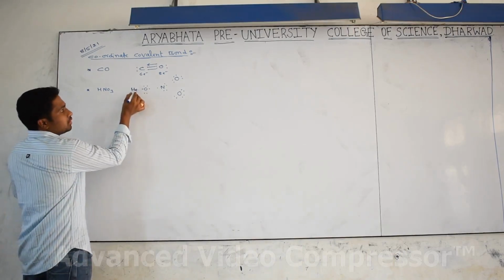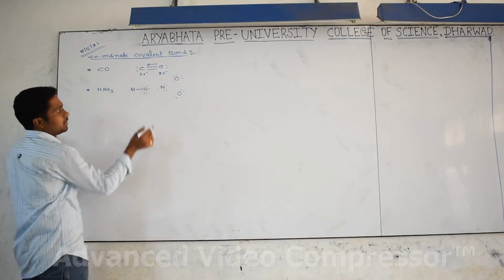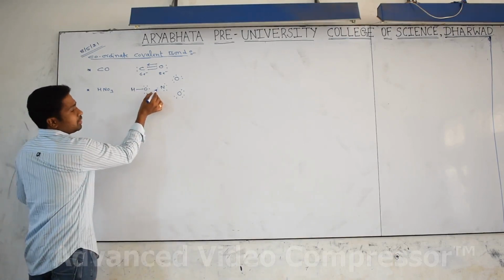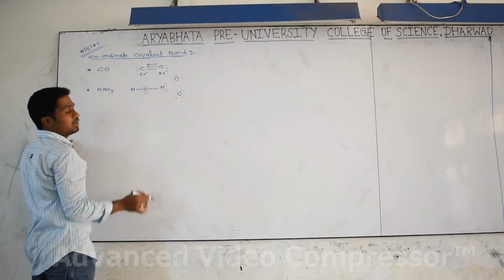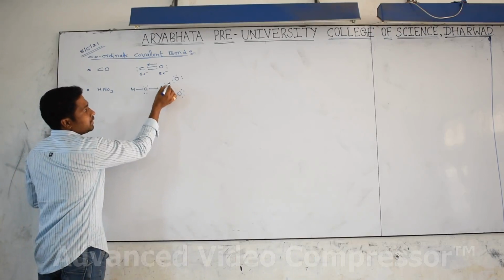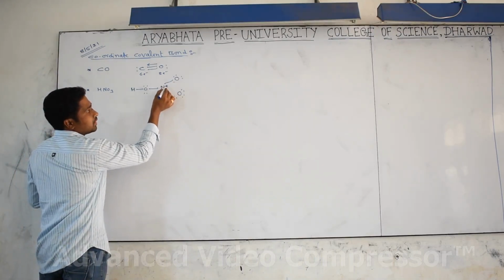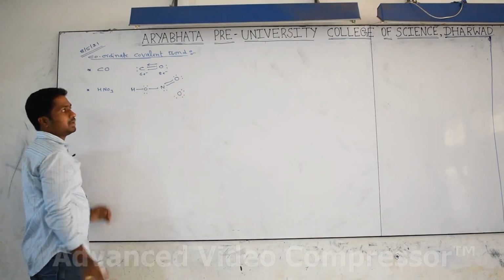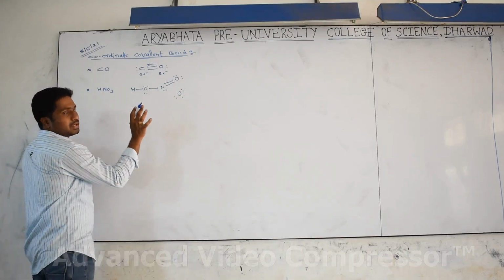First of all, here 1 electron each is contributed and a purely covalent bond is formed. Here also 1 electron each is contributed, so we get a 1 pair sharing, a single bond. After that, between nitrogen and oxygen we have 2 pairs sharing, that's why a double bond comes. Now everyone is satisfied.